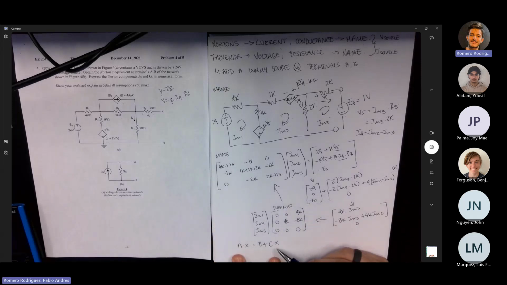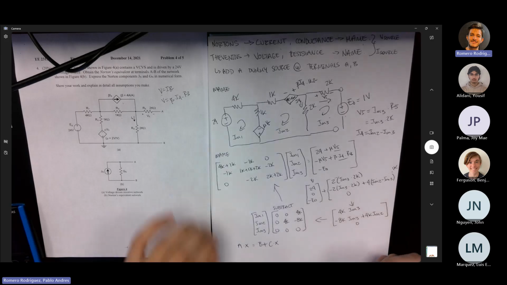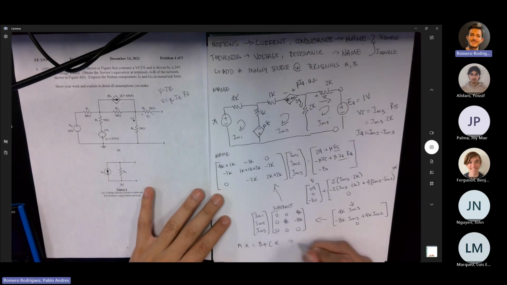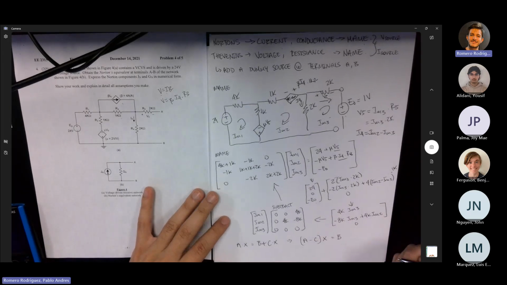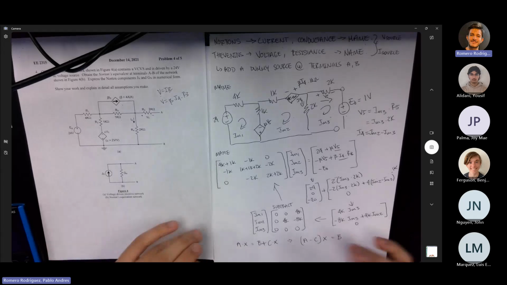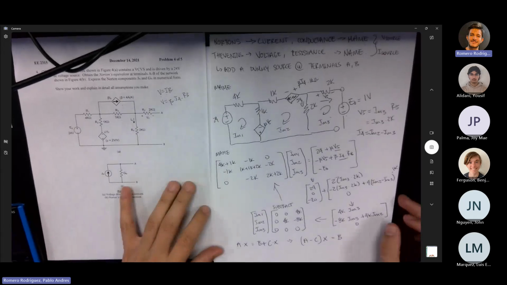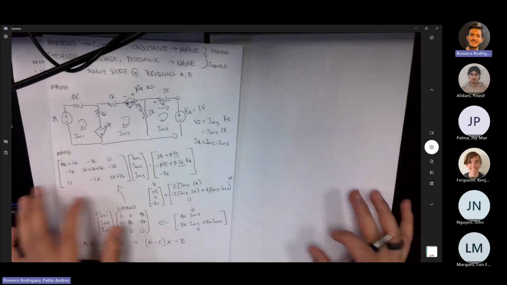So if we're trying to combine them together, we're going to subtract c times x from a times x, and then we're going to solve for that, right? So this is going to be a minus c times x, which is going to be equal to b, and then we solve after we subtract both.